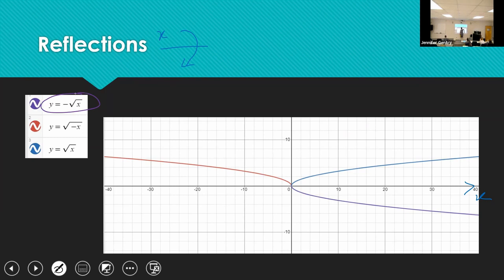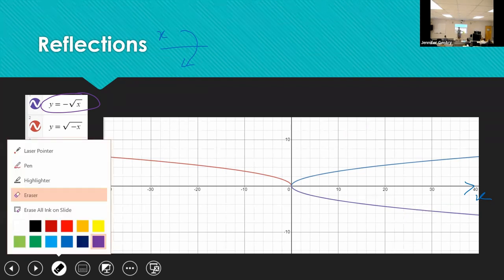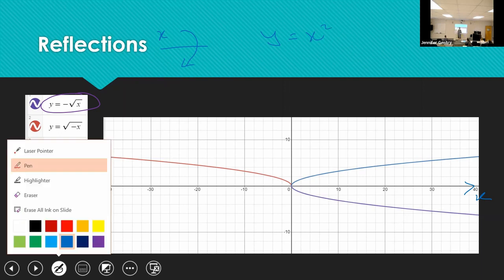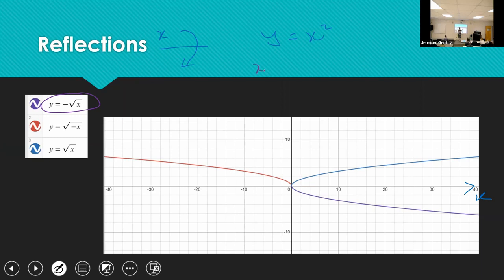Okay, so the blue is y equals square root of x, okay? The reflection about the x-axis is going to be negative square root of x. Okay, that's what that purple is. Okay? If I were to reflect it about the y-axis, think of it as taking a piece of paper and folding it on the y-axis.